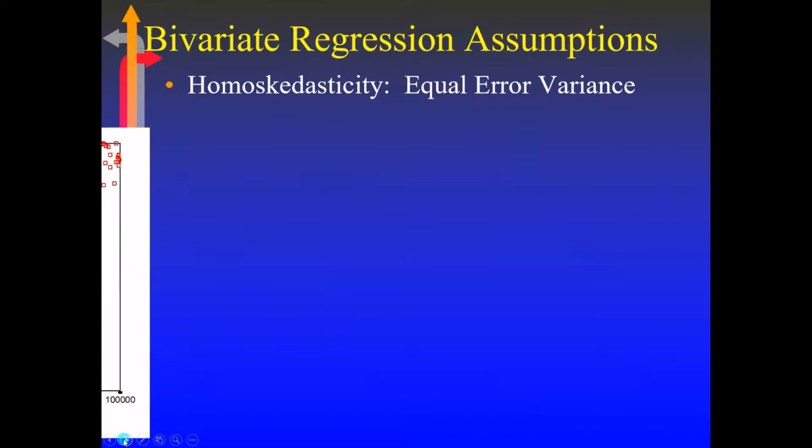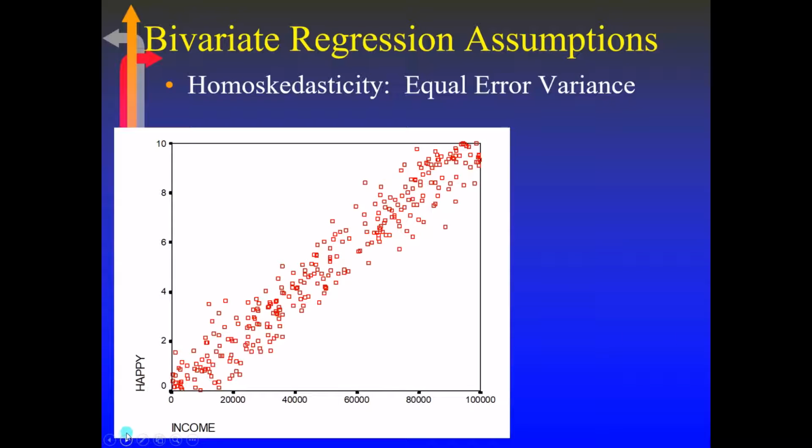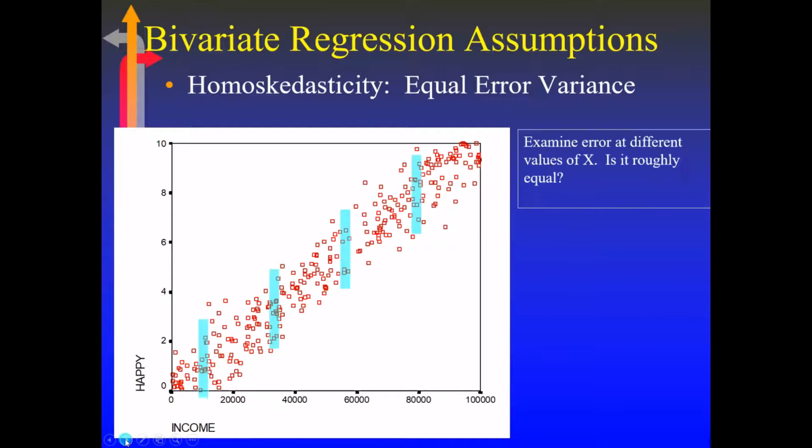So equal error variance, error being the spread around the LSRL. If you look at this and we take little bitty slices, see how they're roughly the same length? This is a little longer here and a little shorter here, but roughly they're about the same. This looks pretty good.